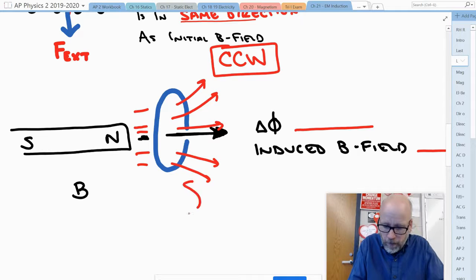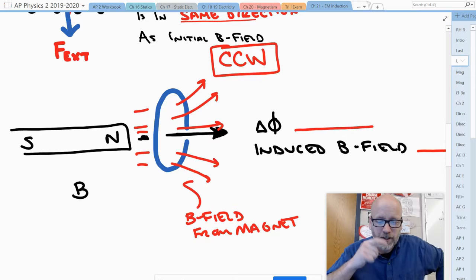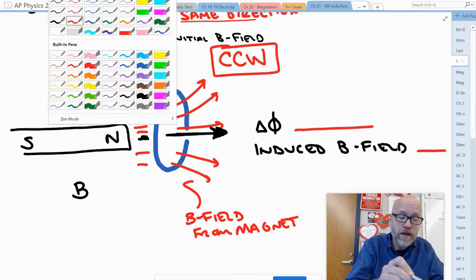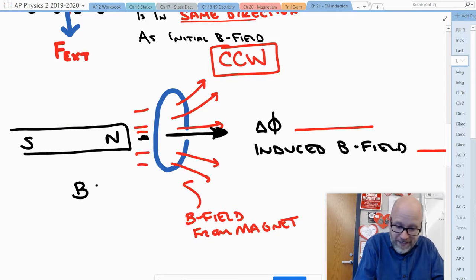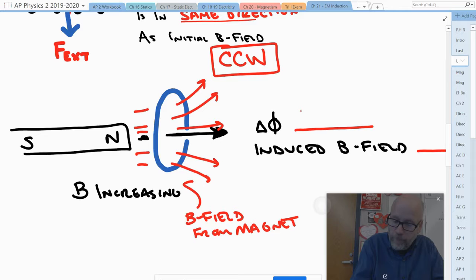Now, it says in this problem that the magnet's getting closer. If the magnet gets closer to the loop, then the B field increases. If the B field is increasing due to the motion getting closer and closer to it, the flux is also going to be increasing.